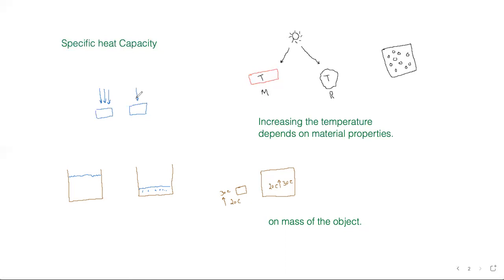For example, consider that we have water in both of these pots, and the level of the water is the same in both. But for this one you have a higher rate of burning of the gas compared to the other.